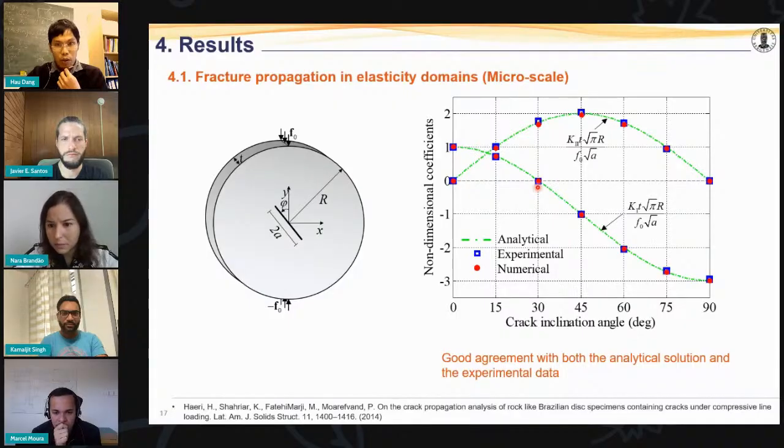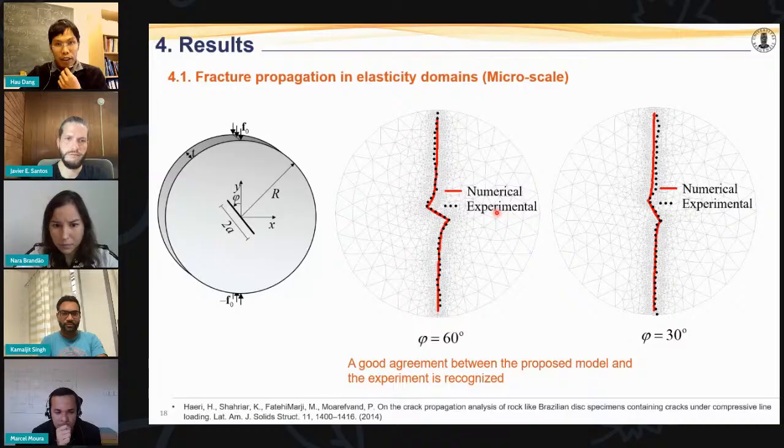So a good agreement with both the analytical solution and the experimental data is shown here. For the propagation comparison, as you can see, the result from my model is in good agreement with the experimental data. The fracture propagates in a symmetric way and is linear.